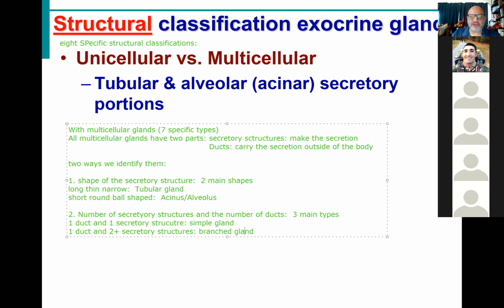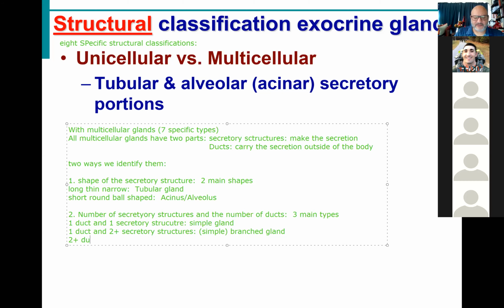Now, I will warn you that some textbooks use the term simple branched, but I find that confusing because the other one is simple. So if you just want to use the term branched gland, I am perfectly happy with that. And the third type is two or more ducts and two or more secretory structures.